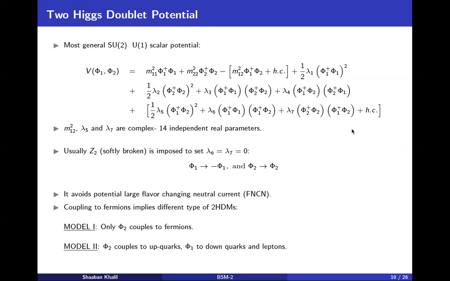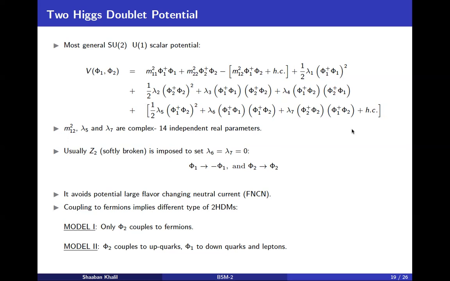In model 2, phi2 couples to the up quark, and phi1 couples to the down quark and lepton. And this is exactly what will happen in supersymmetry. So model 1 has only one doublet active and interacting with all fermions, and the second is almost decoupled, it only couples with phi2 and has no direct coupling, it will couple with fermions via the mixing with phi2.